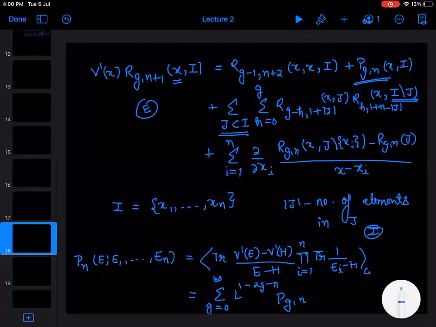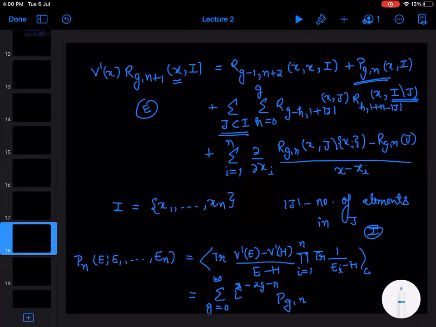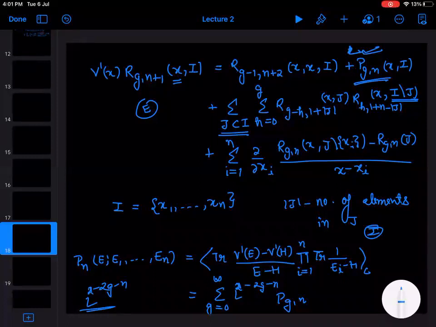It should be 2 here, but since in this equation... okay. You might see in some references that this has a factor of L multiplied with it. Then the genus expansion will be 1 minus 2g minus n. If you do not have an L here, then the expansion is similar to all the other correlators, which is 2 minus 2g minus n.